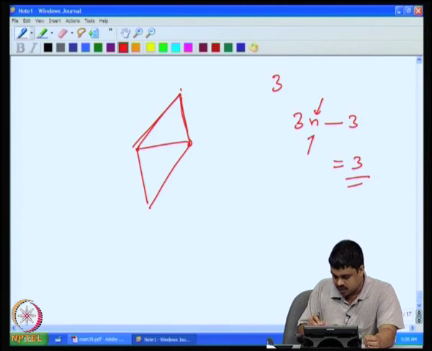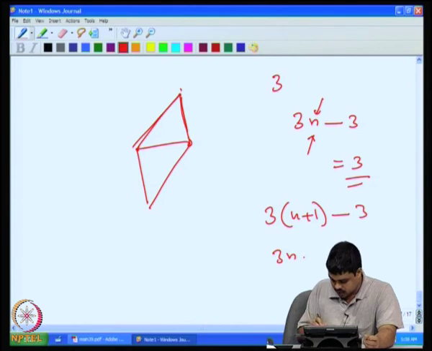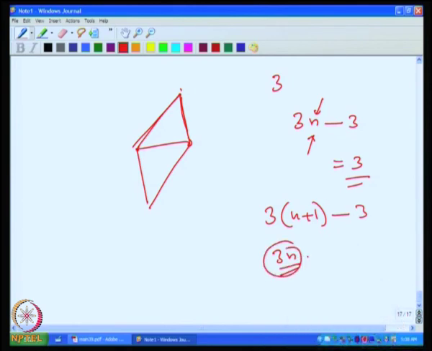Here we are introducing... alright, okay. So, 3 into n plus 1 minus 3 is what we are expected to have by the statement. Of course, we are only increasing 2 edges here, so we are not increasing 3.